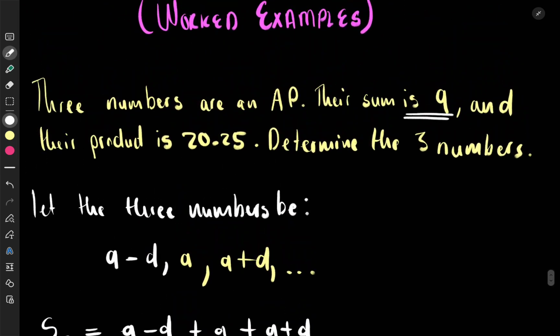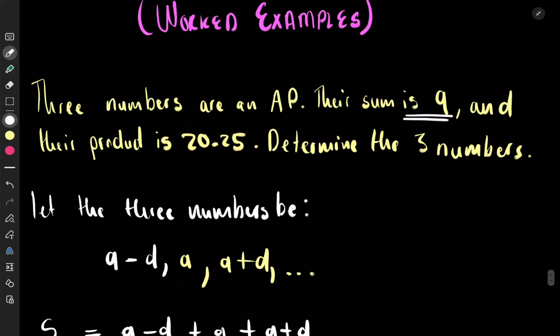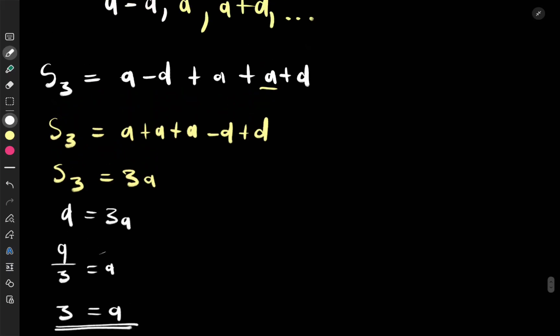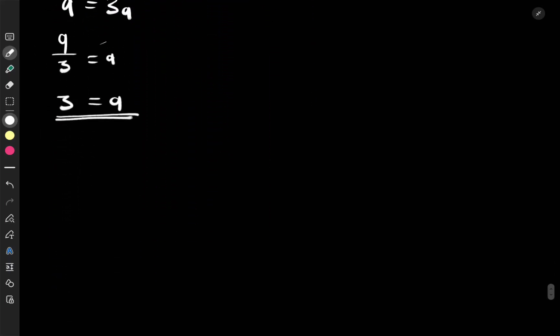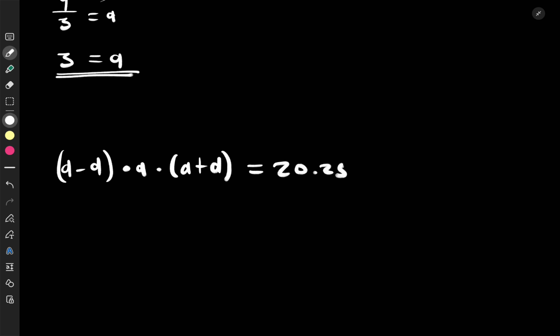Now here it says their product is 20.25, and we need to determine the 3 numbers. We know what A is now: it is 3. We can use the product to find D, because we now know A. These 3 numbers are A minus D, A, and A plus D, so A minus D times A times A plus D is equal to 20.25.